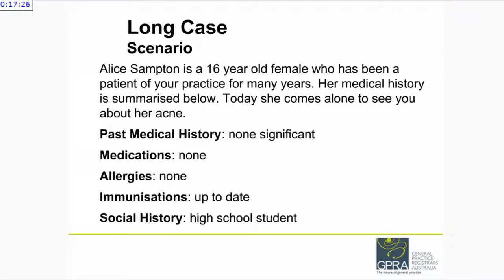And can I ask what kind of creams you have used so far, or what kind of treatment you have had? I haven't been to the doctor before. I've just been to all the chemist creams. Okay. Do you remember the names? Like Proactive or Clearasil. Okay. And they didn't help?